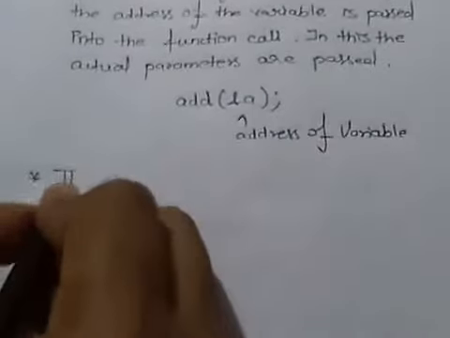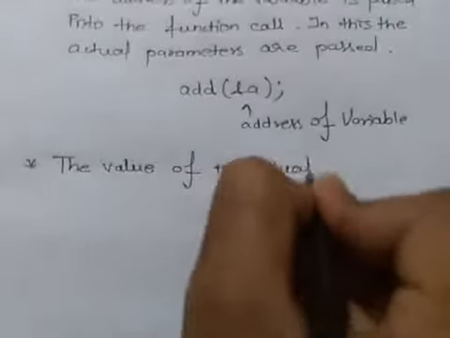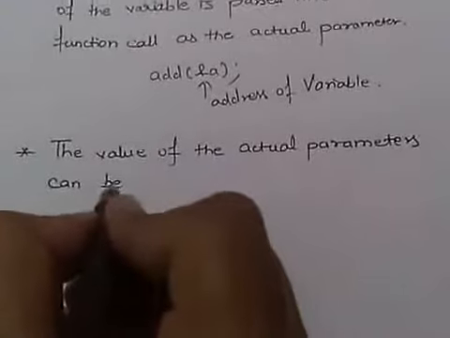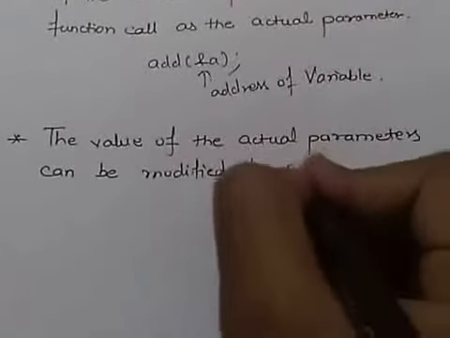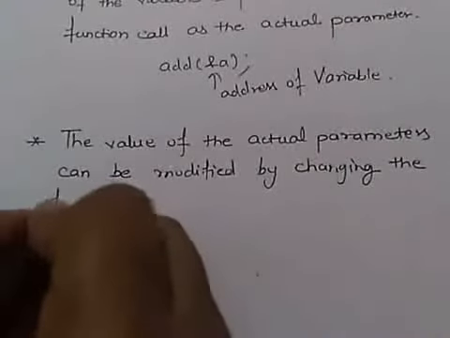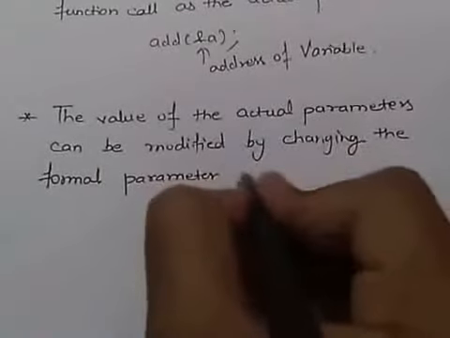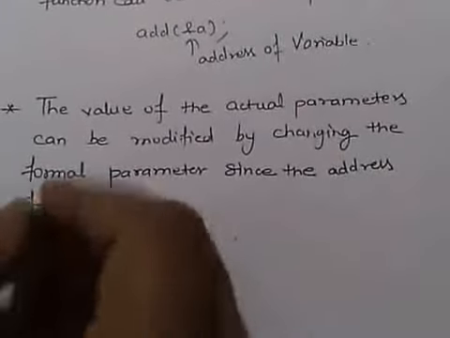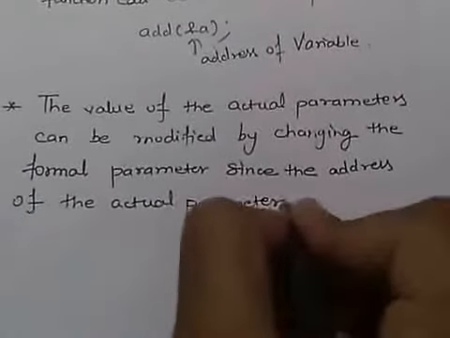Now the value of the actual parameter can be modified by changing the formal parameter, since the address of the actual parameter is passed.